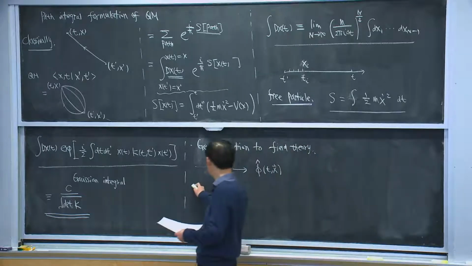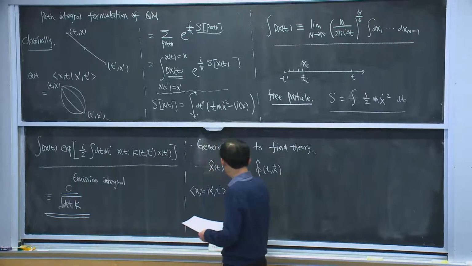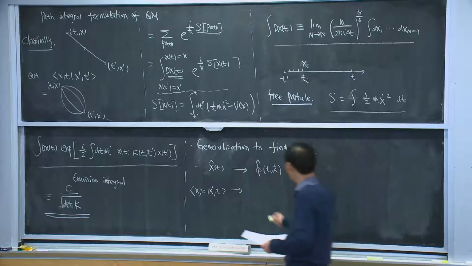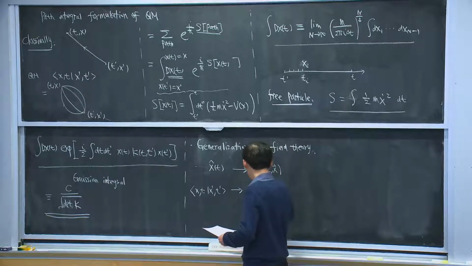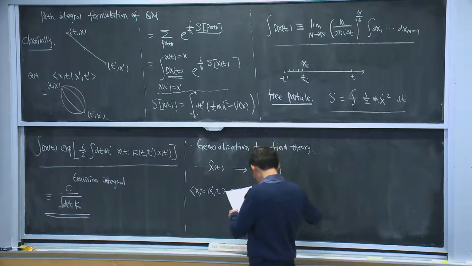So this quantity, when you go to field theory, the corresponding quantity is phi(x) at some time t, and phi prime(x) at time t prime.